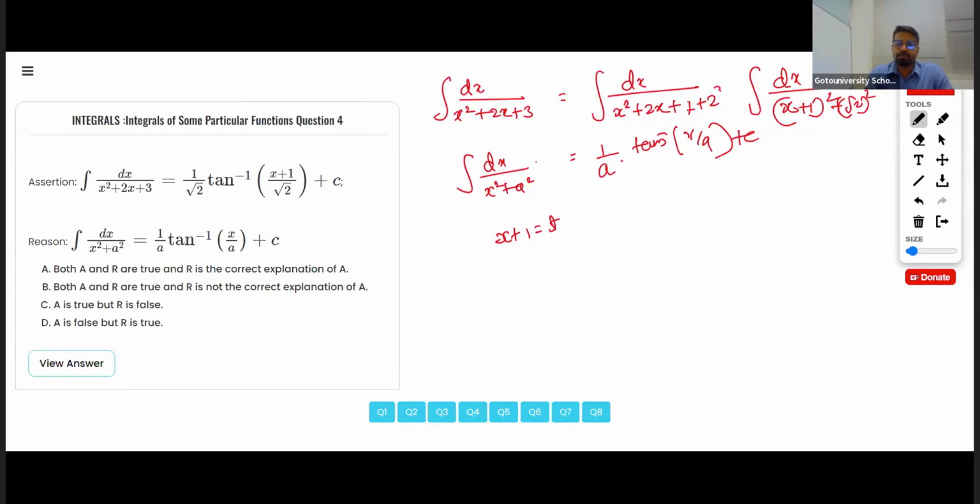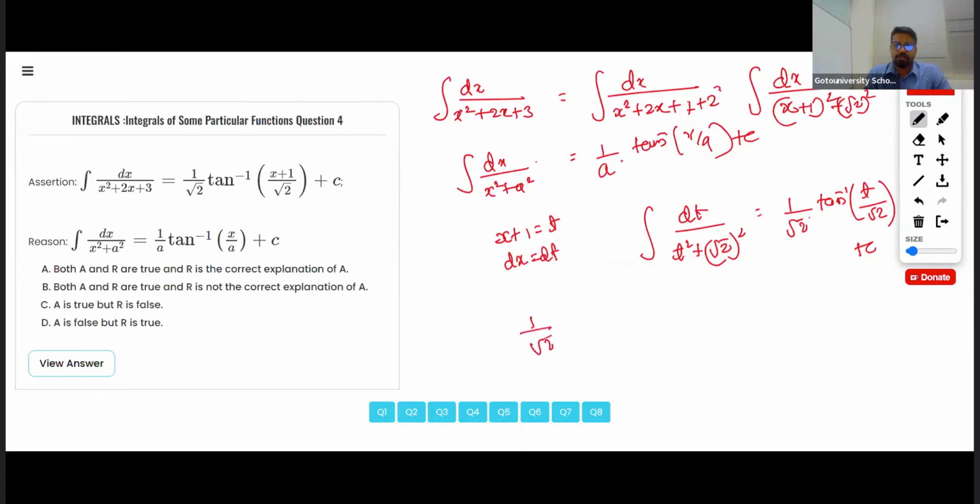Now the problem becomes dx is equal to dt. So the integral of dt divided by t square plus root 2 whole square will be 1 by root 2 tan inverse of t by root 2 plus a constant c. If that is the case, what is the problem then? Final answer is 1 by root 2 tan inverse of, in the place of t, we should write x plus 1.